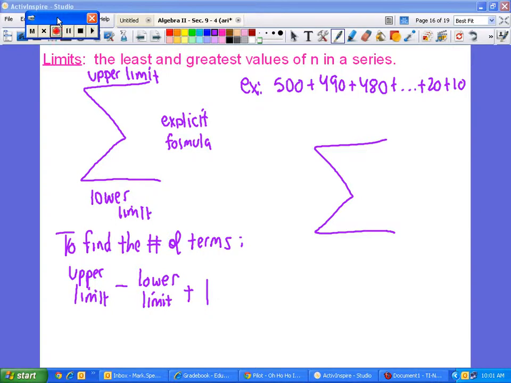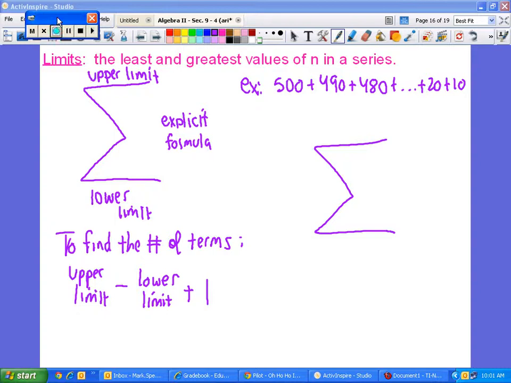2950. All right, the last thing we're going to talk about is this Greek letter, sigma, and we use the Greek letter sigma to indicate what is called summation notation.